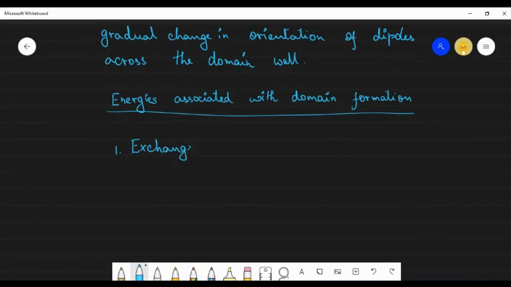The exchange energy is the energy that is responsible for the mutual spin alignment of the magnetic moments without violating Pauli's exclusion principle.